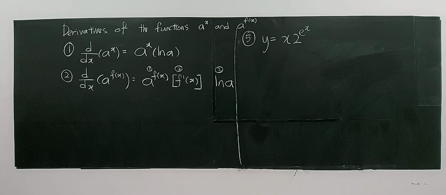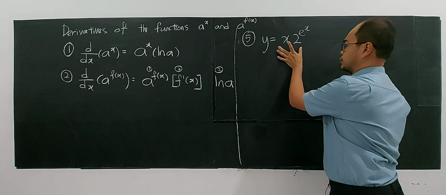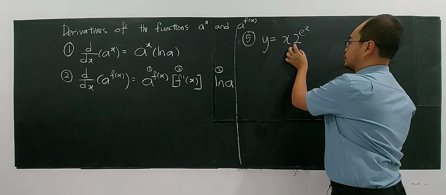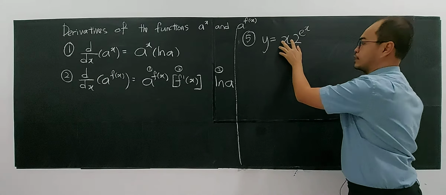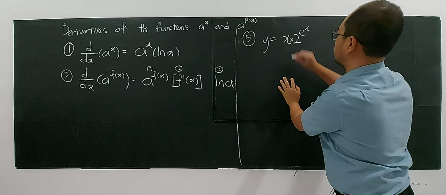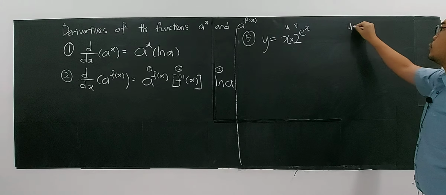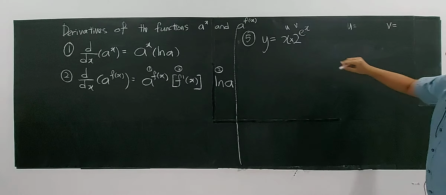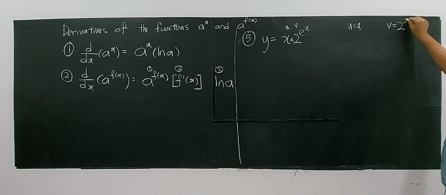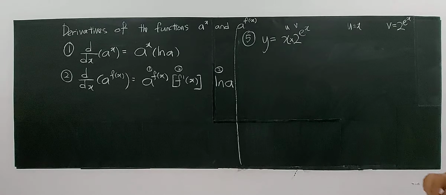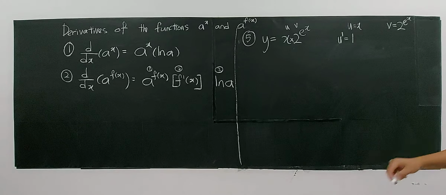Right, let's look at this. This of course is not a single function, it's a product. You see this is 2 to the power of f(x), but you cannot differentiate directly as you have x here. So this one is a product, and we're going to use the product rule. You have to know your u and v. Your u is x and your v is 2 to the power of e^x. Differentiating u, x, you're getting 1.